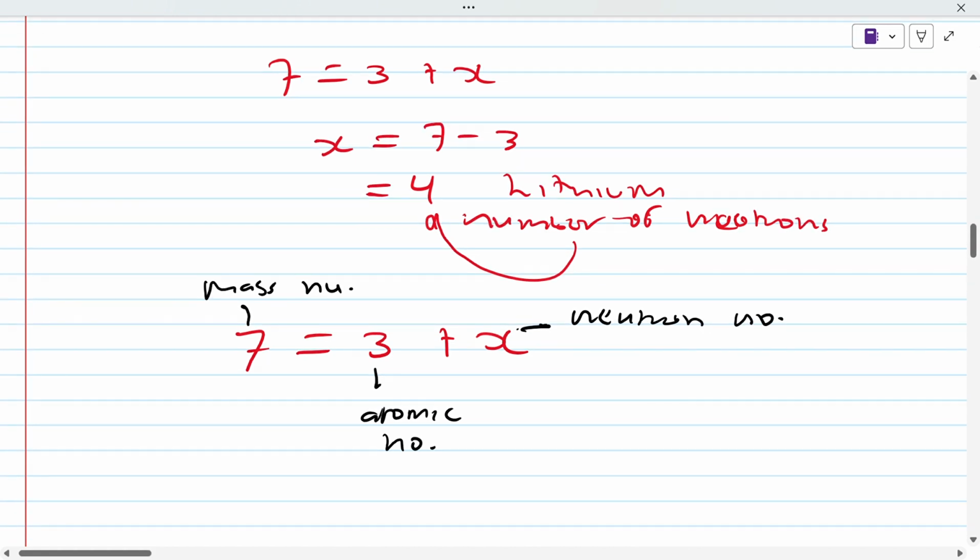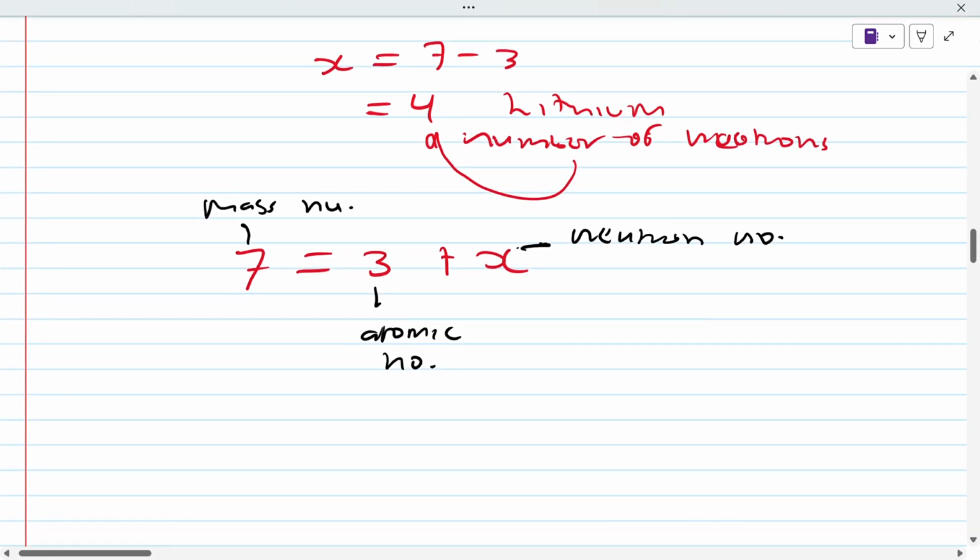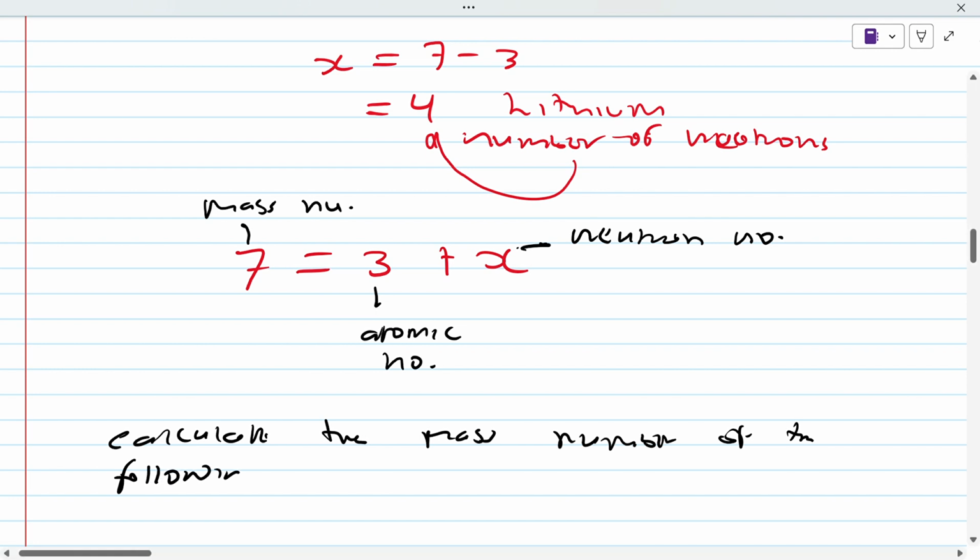Now I wanted to try 2 or 3. Calculate the mass number of the following elements from the periodic table.